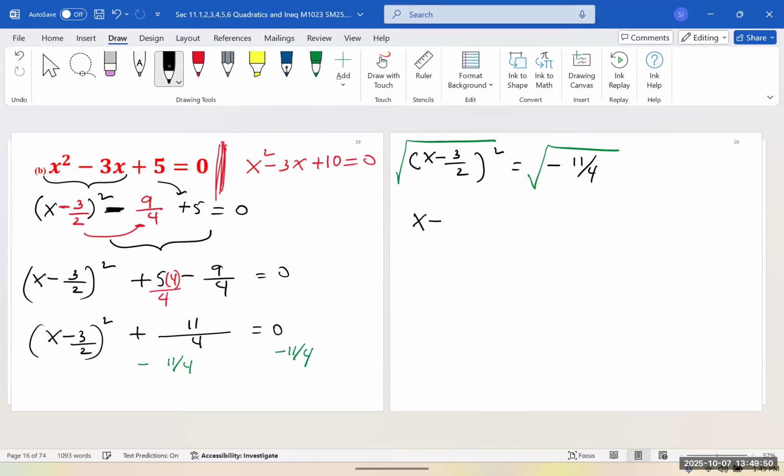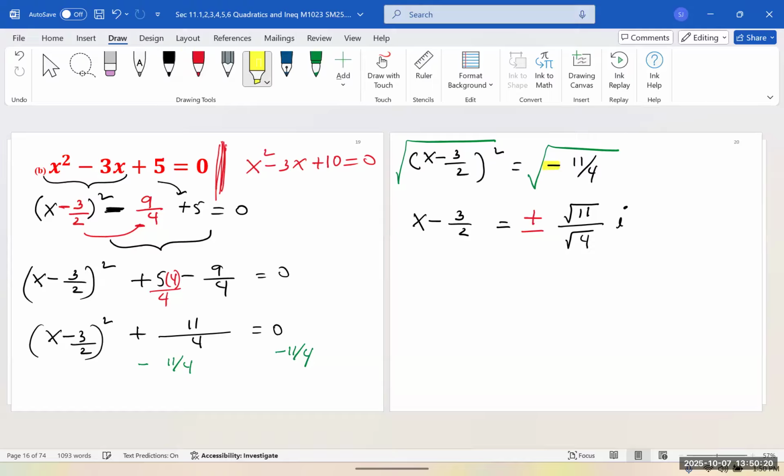On the left, x minus 3/2. And how about the right? We have square root of negative 11/4. What else? What is missing? Plus minus. You cannot forget your plus minus.